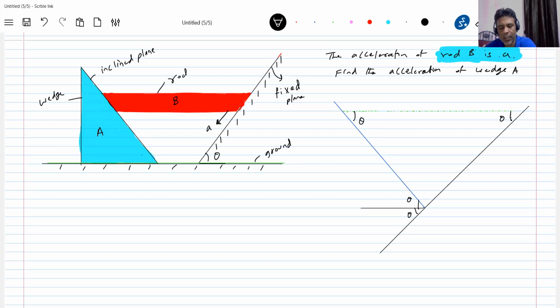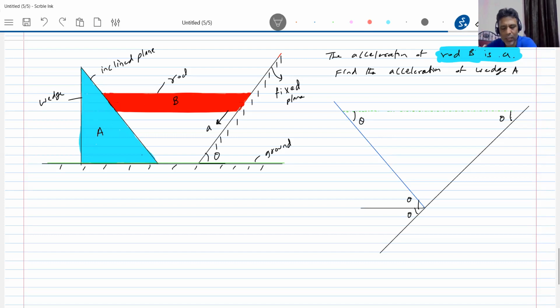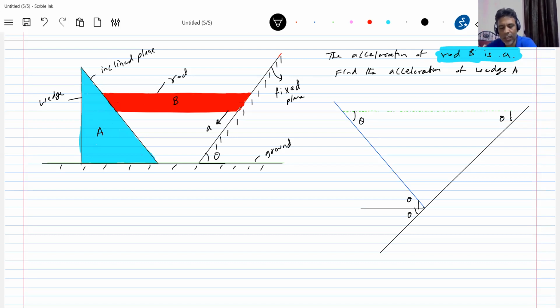What is alpha here? Some angle we don't know, we'll call that alpha. Here, I'll help you with something else.